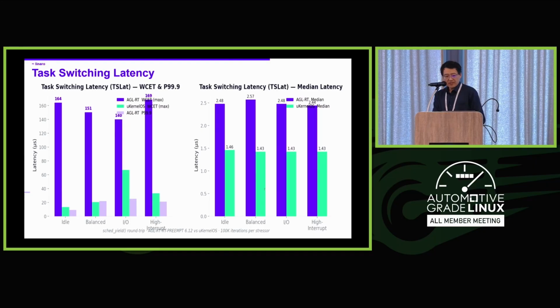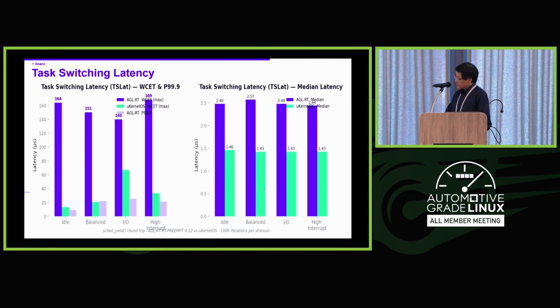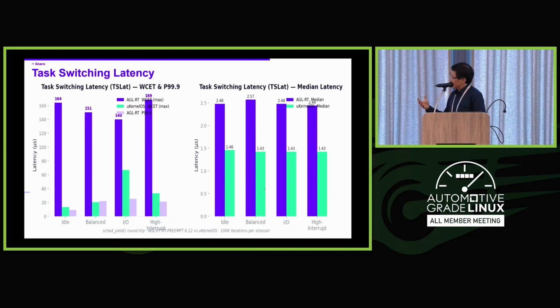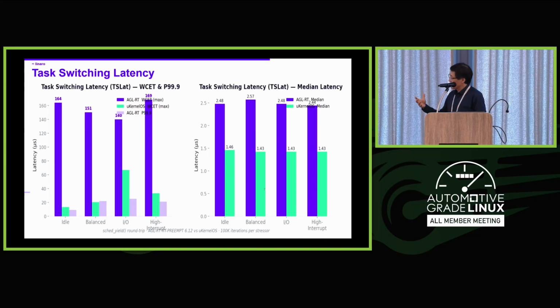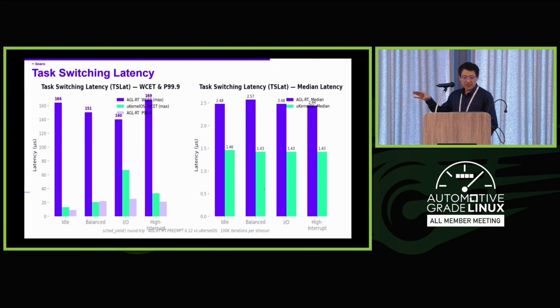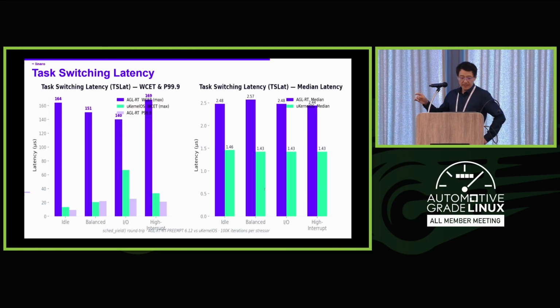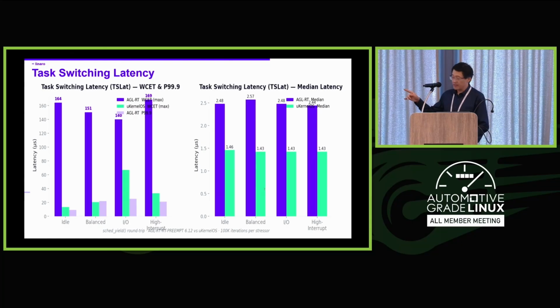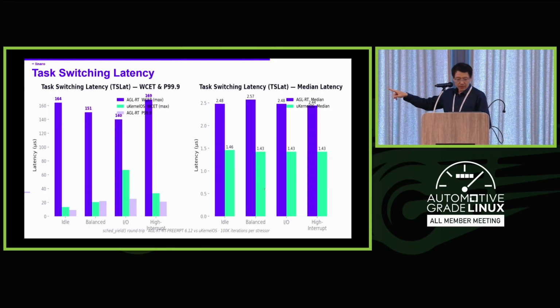The next few slides illustrate some of the actual data sampling from the different OS. One of the OS is Linux RT, and this is for task switch latency under different stress: idle stress and balanced.